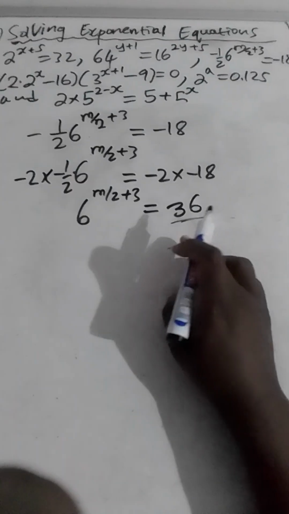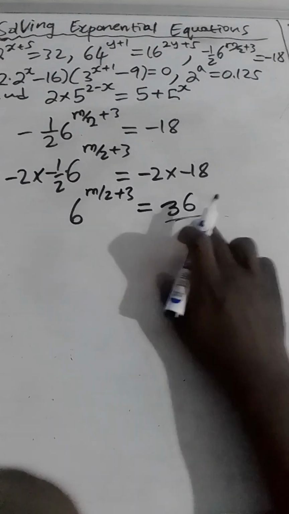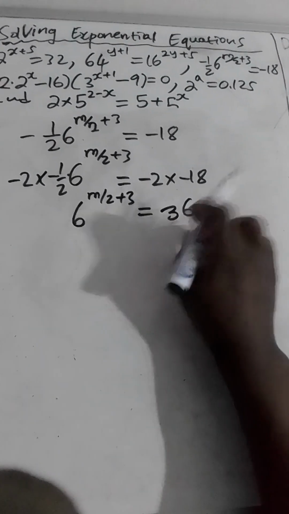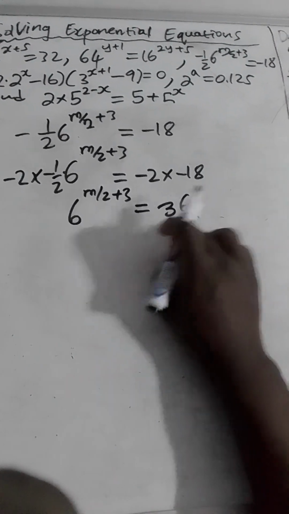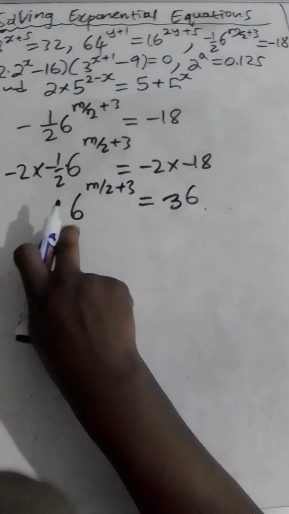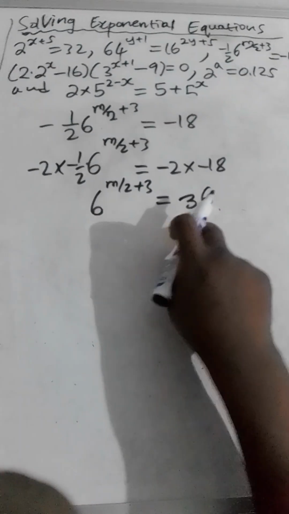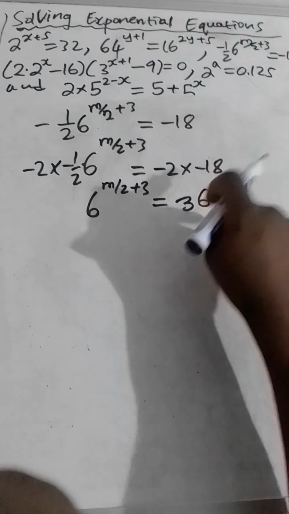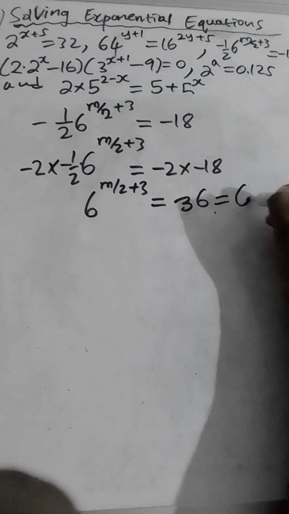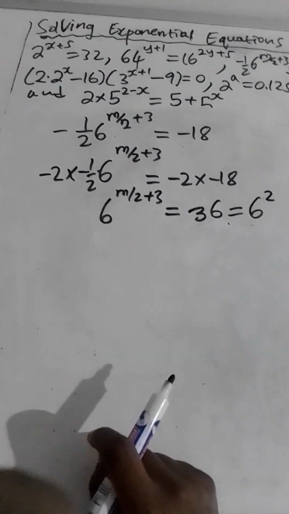So we have two options. We can prime factorize both bases, or we can express this base in terms of the base on the other side. We know 36 is 6 times 6, so we can just write this as 6 squared.